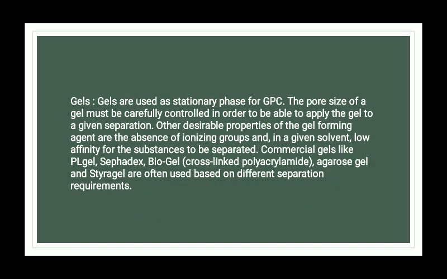Gels are used as a stationary phase for gel permeation chromatography. The pore size of a gel must be carefully controlled in order to be able to apply the gel to a given separation. Other desirable properties of gel forming agents are absence of ionizing groups and, in a given solvent, low affinity for the substance to be separated.